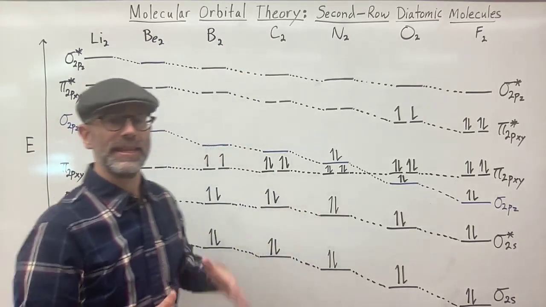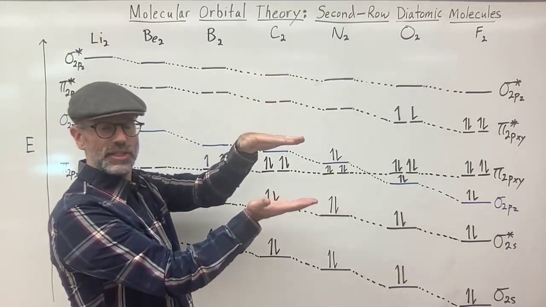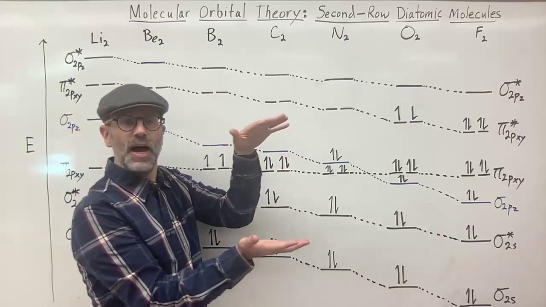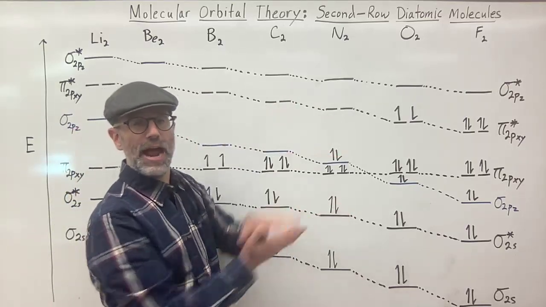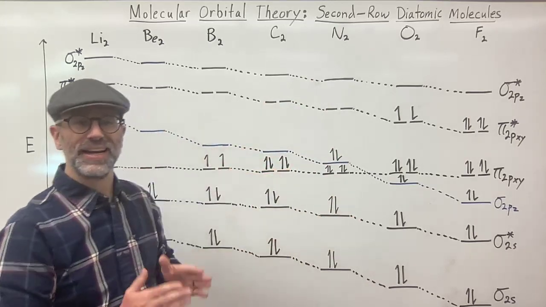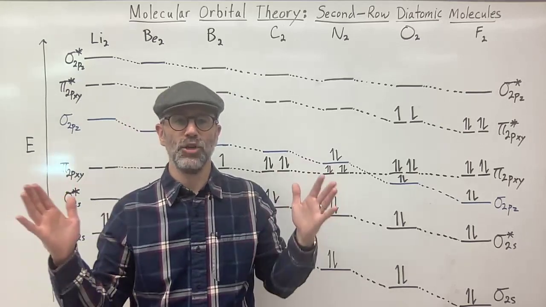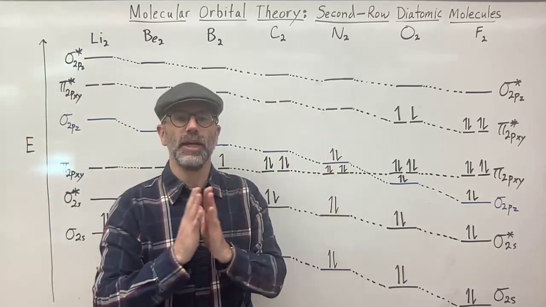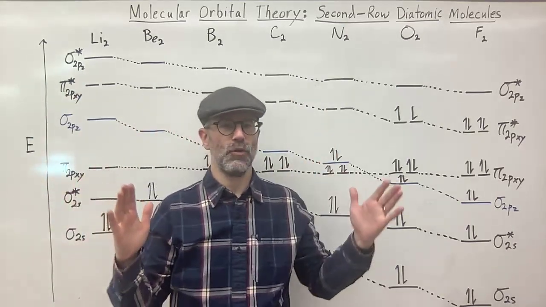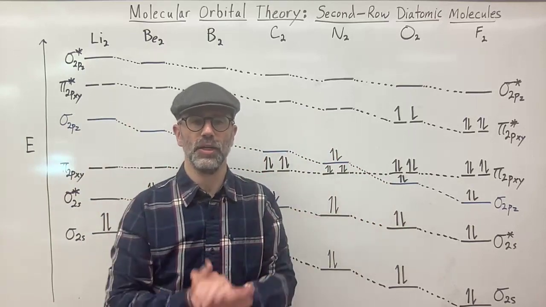When the S and P orbitals are relatively close together in energy, you start to get what is called mixing, where they interact more with each other. Normally we assume that when you form molecular orbitals, you've got one S over here and one S over here, and just those two interact to form the two molecular orbitals.